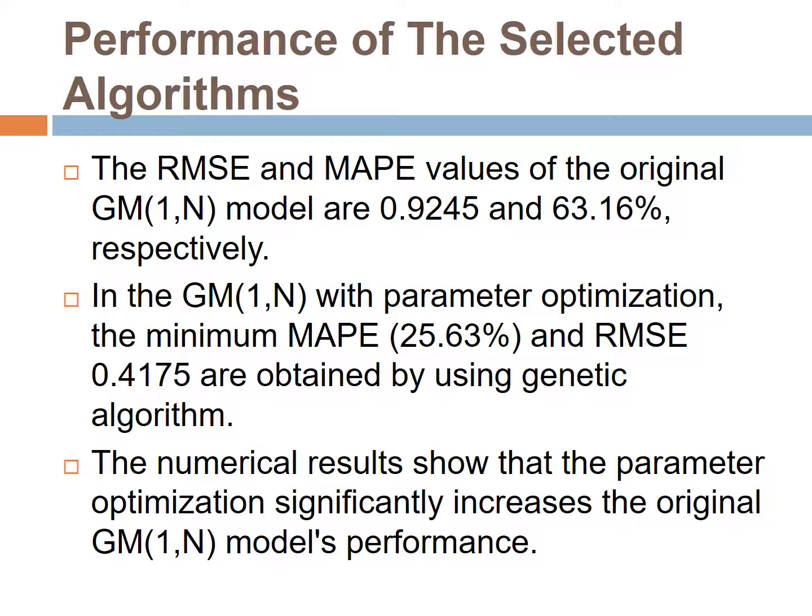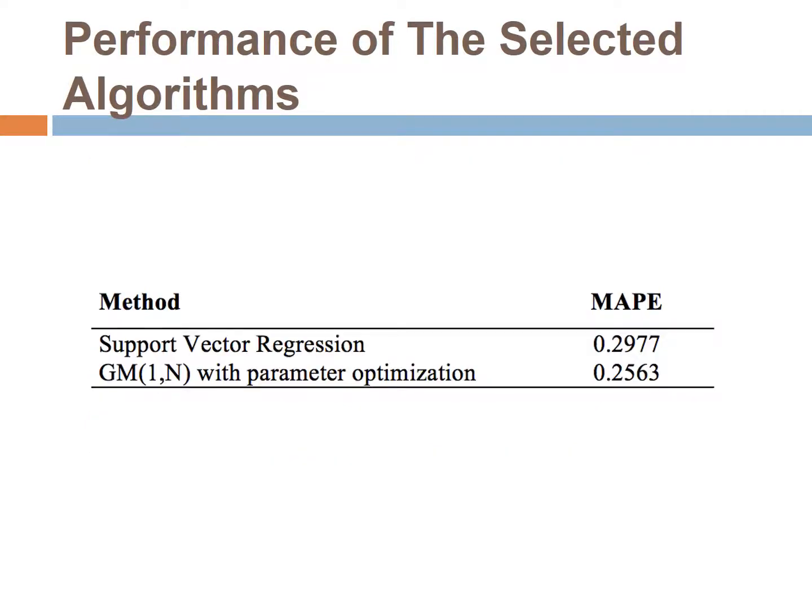But we have applied genetic algorithm based parameter optimization on the GM model, so our prediction performance significantly increased. The numerical results show that the parameter optimization significantly increases the original GM's performance.